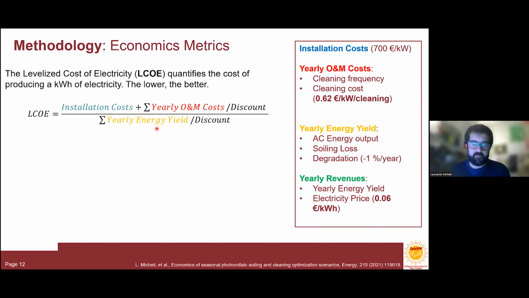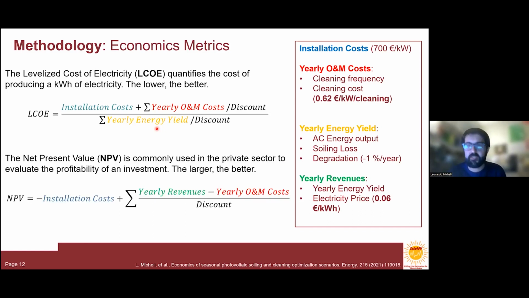So in order to evaluate the role of the electricity price in soiling mitigation and cleaning optimization, we took into account a second metric. This is known as the net present value, and essentially it is a metric that tells us how profitable an investment is. An investment in particular will return a profit if the NPV, the net present value, is greater than 0. If the NPV is lower than 0, then the costs associated with the investment are higher than the returns.